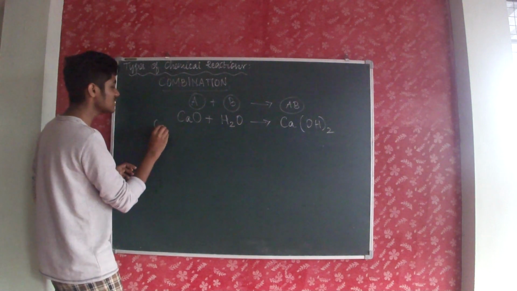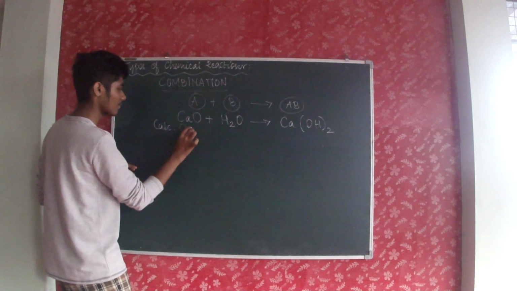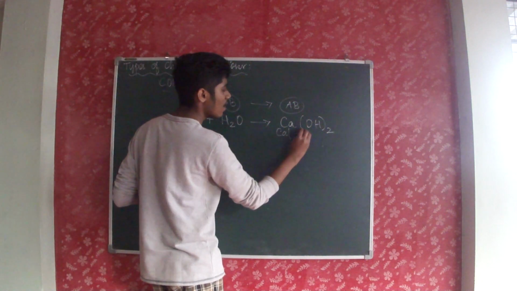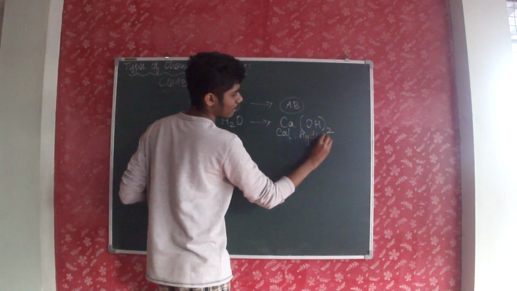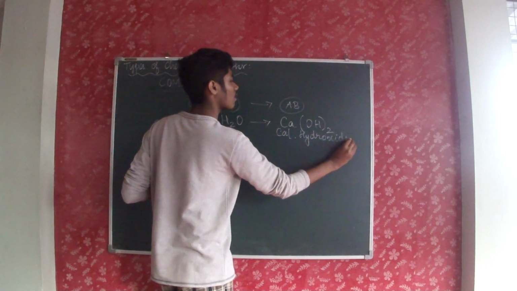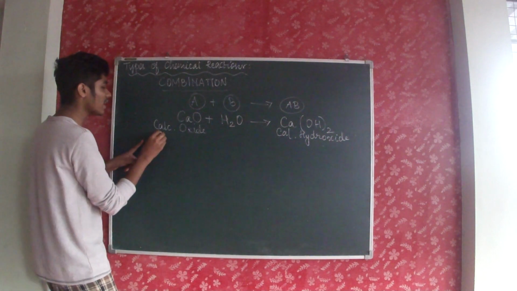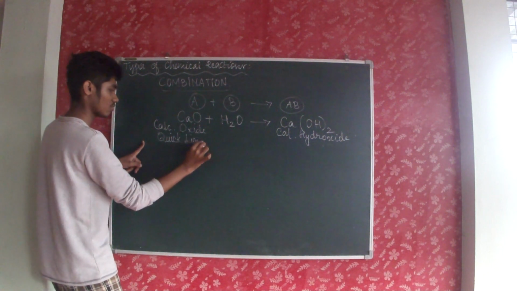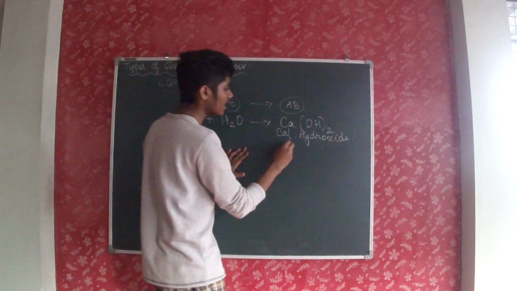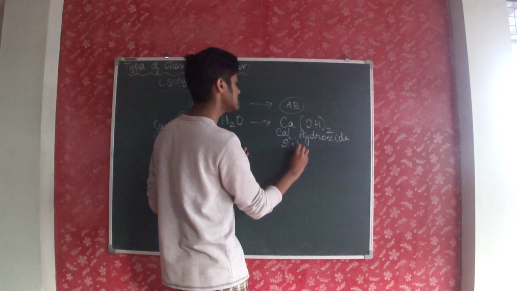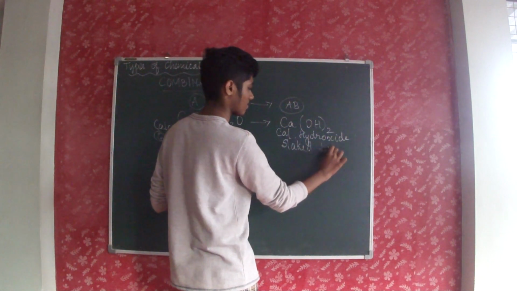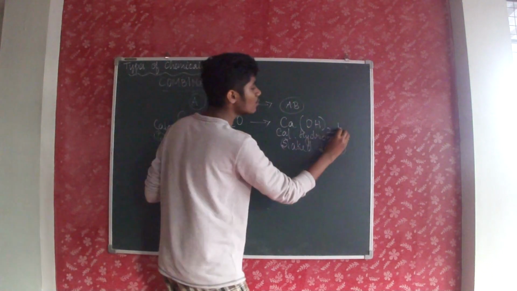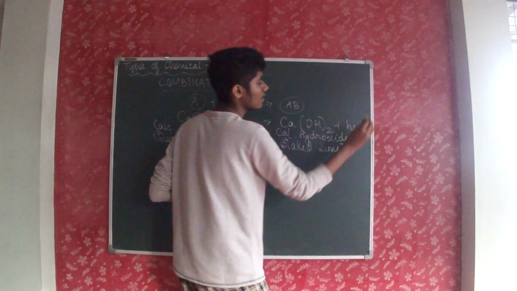This is calcium oxide, also known as quicklime, and this is calcium hydroxide, known as slaked lime. Also, heat is evolved.